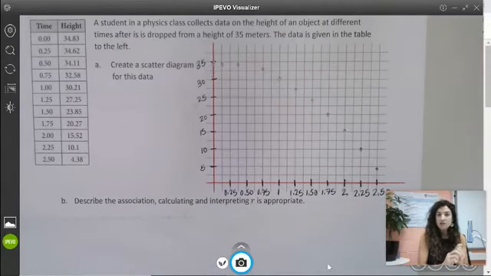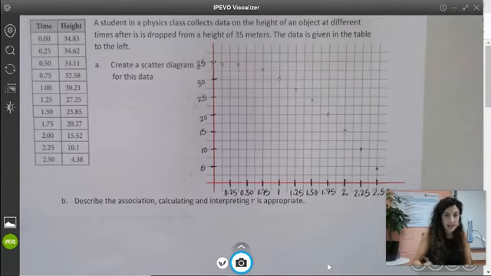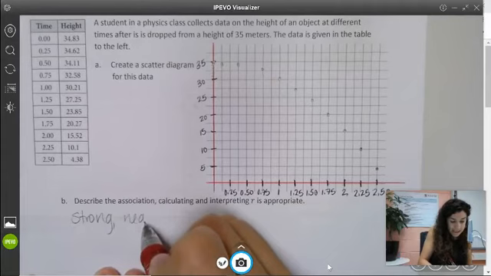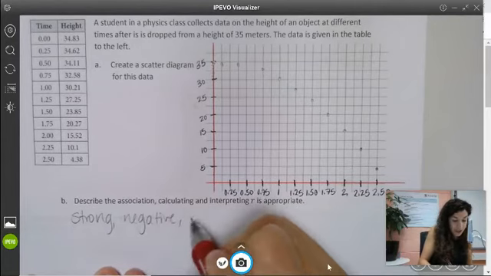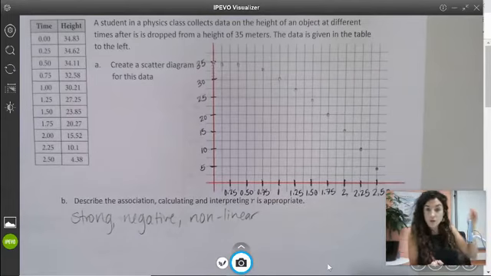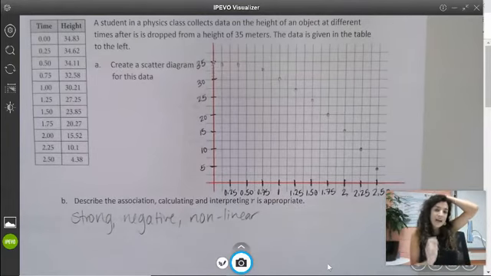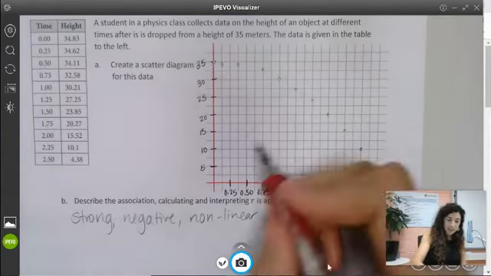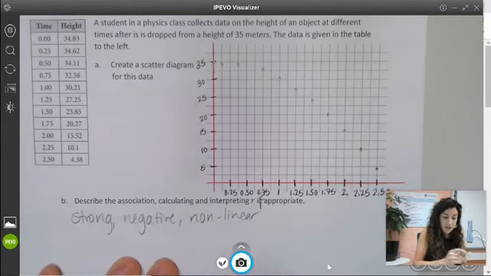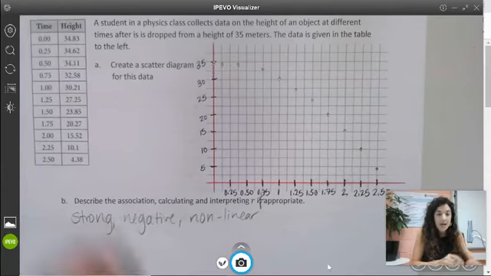All right, so after you finish your scatter diagram, to describe the association, it is a strong, negative, but non-linear correlation or association. So it is non-linear. And so here where it says, oh, it should have said, if appropriate, calculating and interpreting R if appropriate.